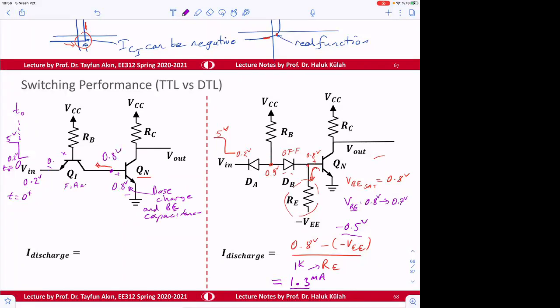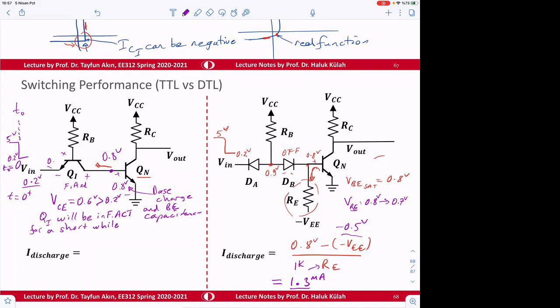So if this one is 0.8, this one is 0.2, then the collector emitter voltage will be 0.6 volt, and 0.6 volt is larger than 0.2 volt. Therefore, Qi will be in forward active for a short while.